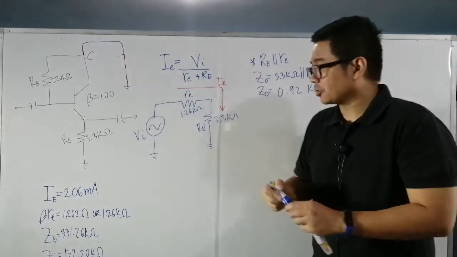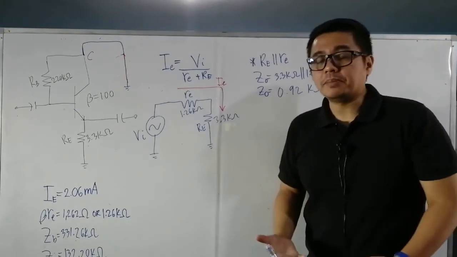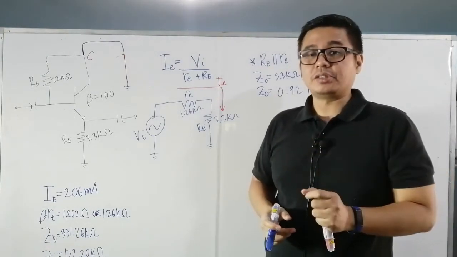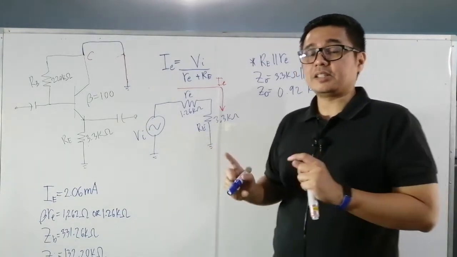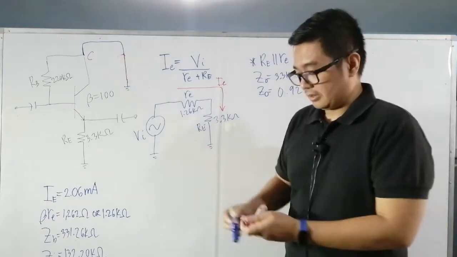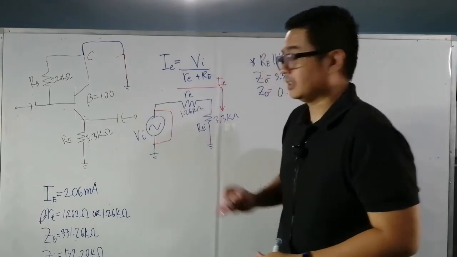Alright? Next is, kukunin natin yung output impedance natin. To get the output impedance, we must zero out the signal source. So, paano natin i-zero out yung signal source na to? Di ba pag nag-zero out tayo ng mga voltage sources, nagko-connect tayo ng short circuit sa pagitan ng kanyang terminals. Alright?